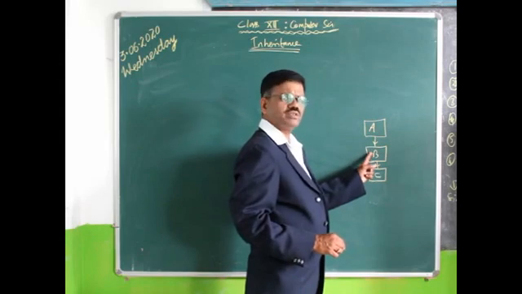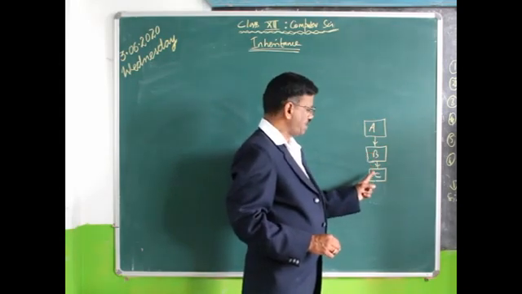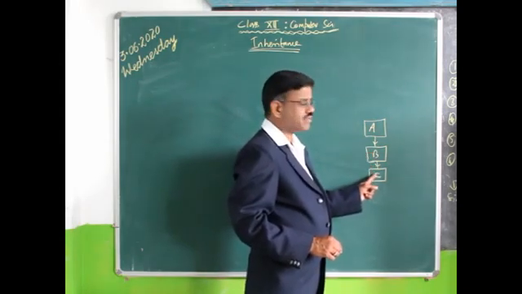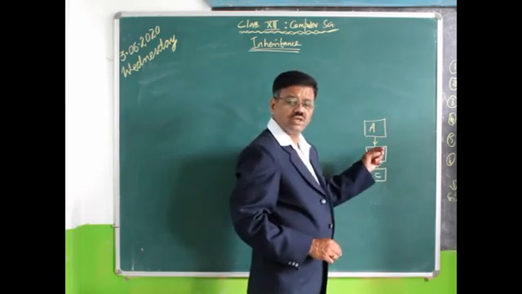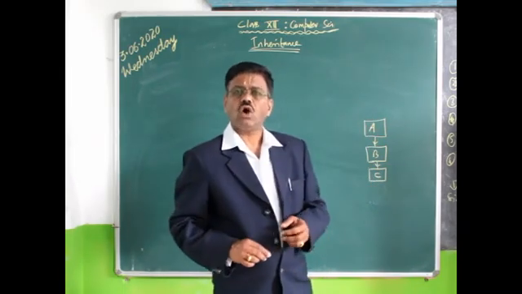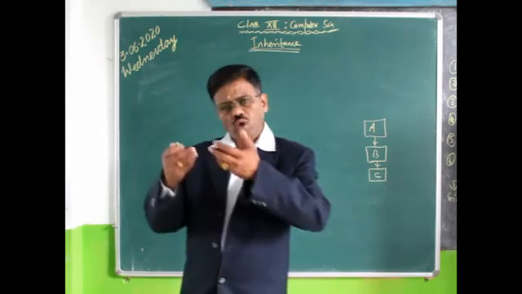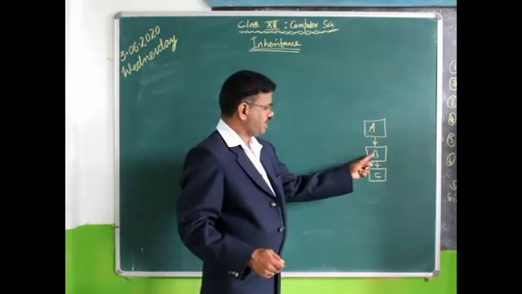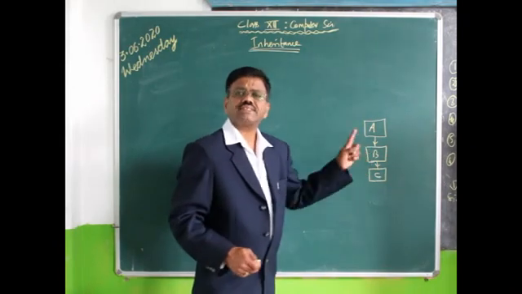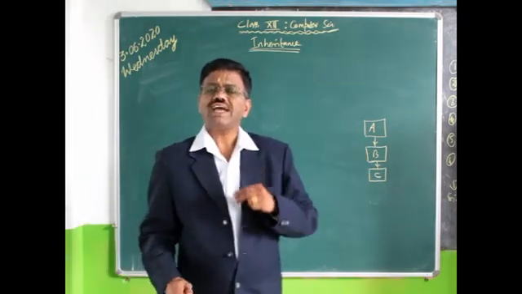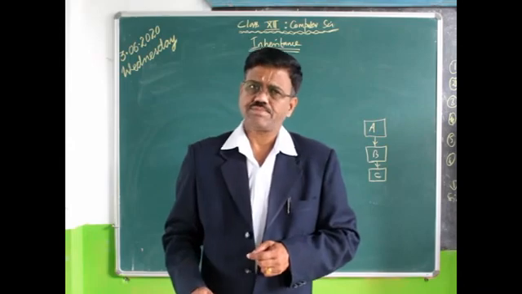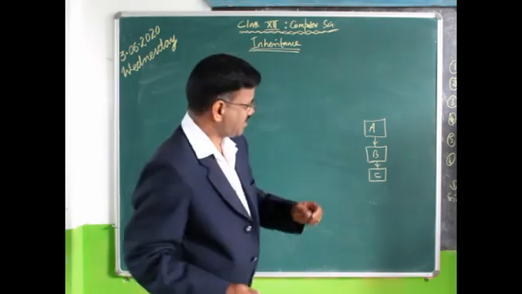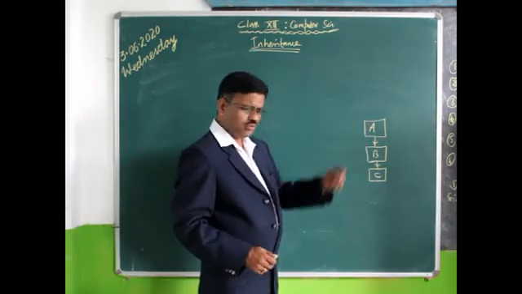This also will have data members and member functions. This also will have data members and member functions. One who gives is called a superclass or base class. One who receives, B receives from A, then B is known as a subclass or a derived class. For instance, look at this board.